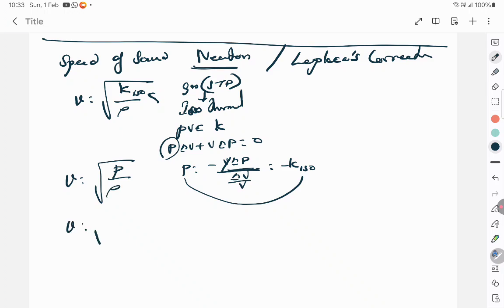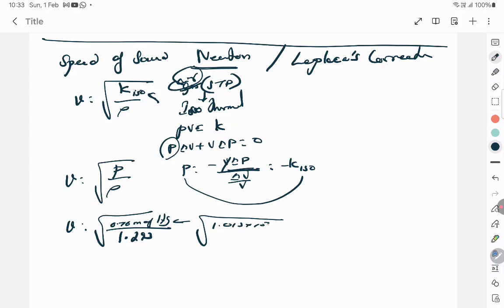How to find the pressure of the gas? At standard temperature and pressure it is 0.76 meters of mercury, by density of the gas. If you're going to take it as air instead of gas, the air's density you can consider as 1.293 kg per meter cube. The pressure at standard temperature and pressure is 1.013 into 10 to the power 5 Pascal, divided by 1.293.